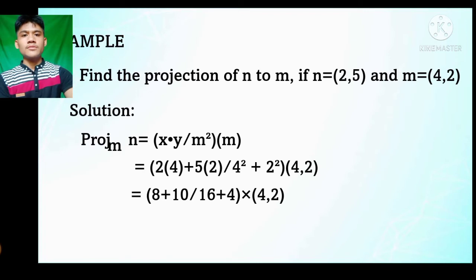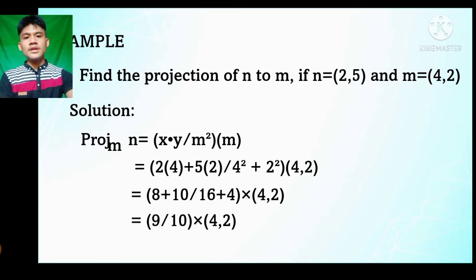Just multiply 4 by 2 and 5 by 2, so we have 8 plus 10 over 4 squared is 16, 2 squared is 4, and copy the 4 and 2, the value of our m.